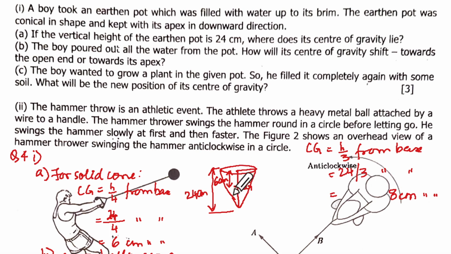Now the second position will be from here to here. This is your center of gravity, 8 centimeter. This is your second one, and this was your first one. So it has turned towards the apex. Can you see that? What did they ask you? How will the center of gravity shift?